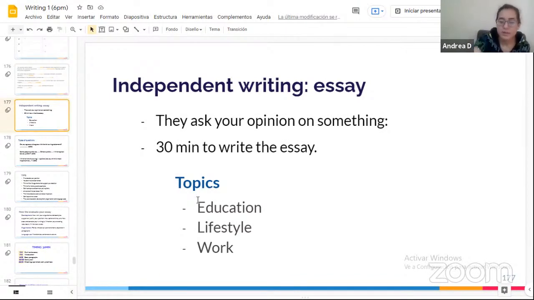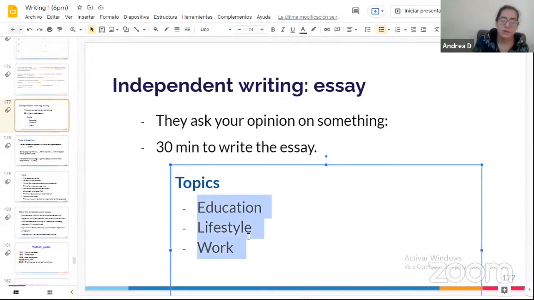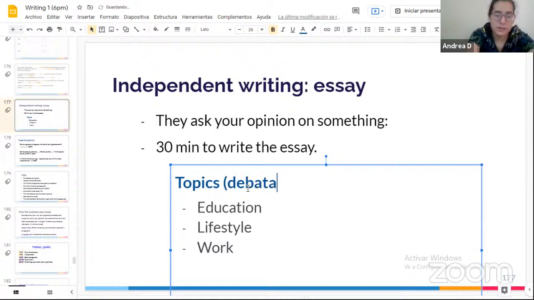Now, the topics that you guys will be asked about are always kind of the same. First of all, it's something that you can debate on, so it's gonna be a debatable topic. Second, it's probably gonna be on one of these areas. It's either gonna be education or academic life.